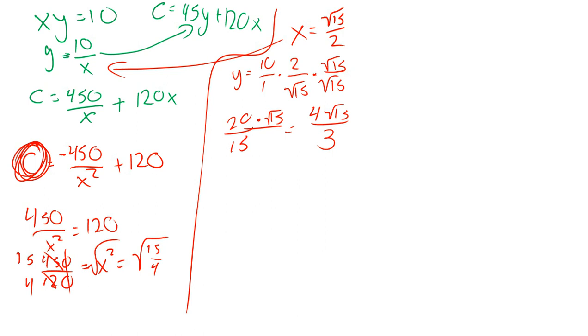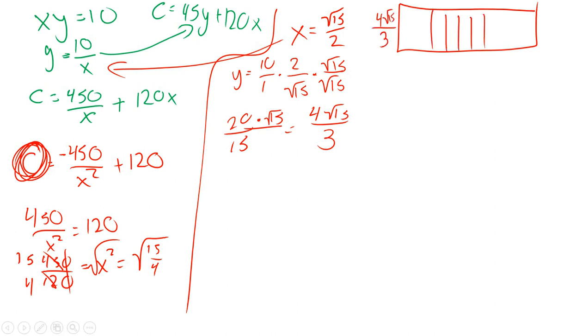That is our y. So our inside ones will be 4 root 15 over 3, and the outside y lengths would be 4 root 15 over 3, each one of those. And then our lengths would be root 15 over 2. And these are measured in feet.